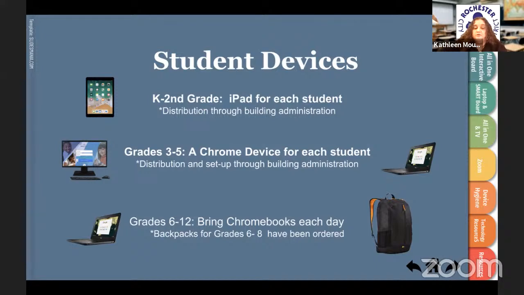Now, each school, based on how many Chromeboxes they have and how many students are returning, will be identified their Chromebooks that they have available in the school, or they will receive more from instructional technology to use during this COVID time.